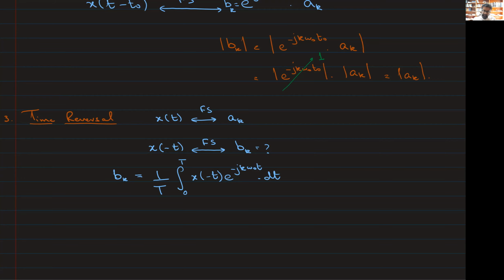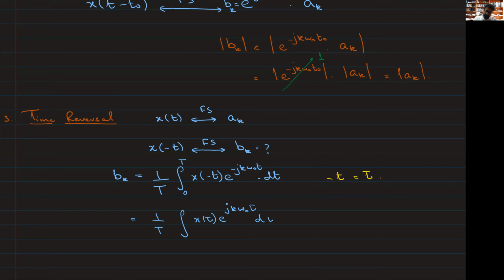So you use a change of variables, and that change of variables is minus t equals tau, right? That's the change of variables that I'm going to make. As a consequence, this becomes 1 upon capital T, and this is x of tau. This is e raised to the power j k omega naught tau, and dt is the same as minus d tau.